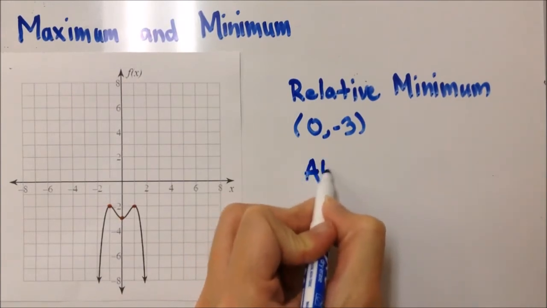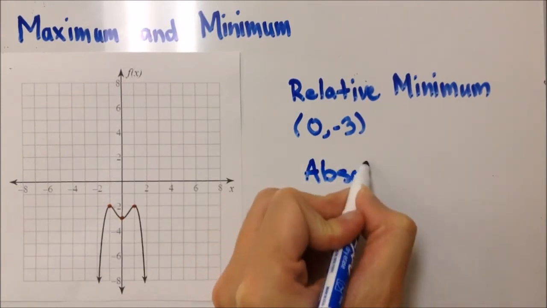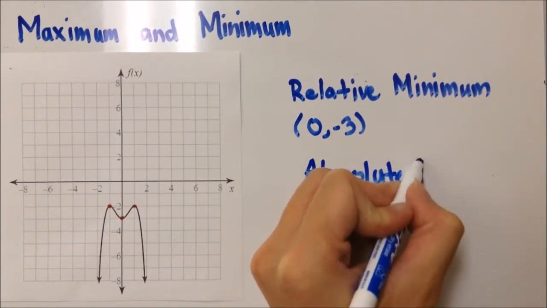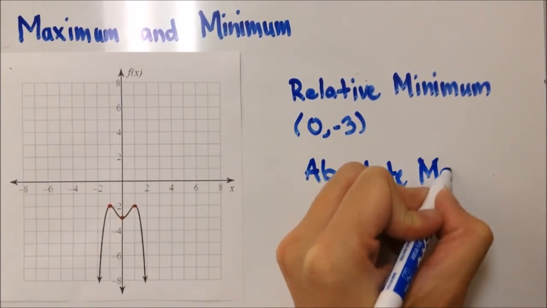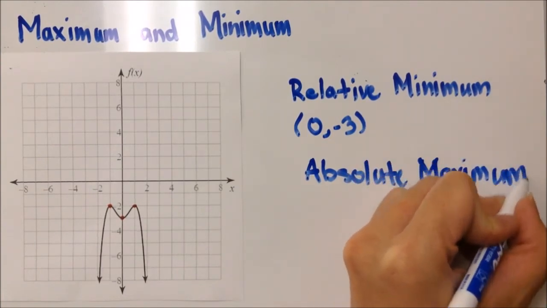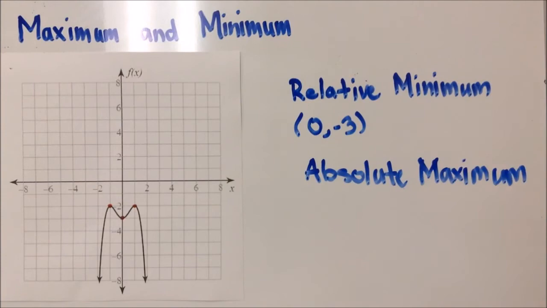So I'm going to write absolute maximum. Alright, so absolute maximum. Again, just the corner point. So over here, your x and your y. The corner point of this absolute maximum is -1, -2.